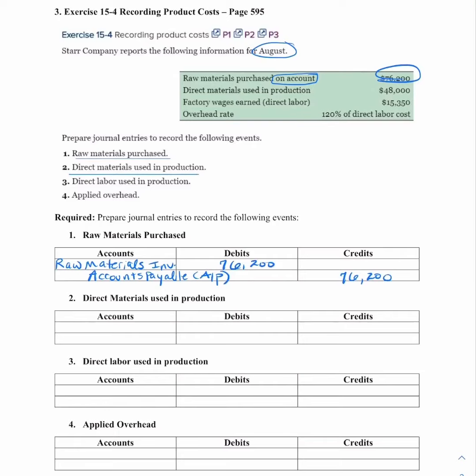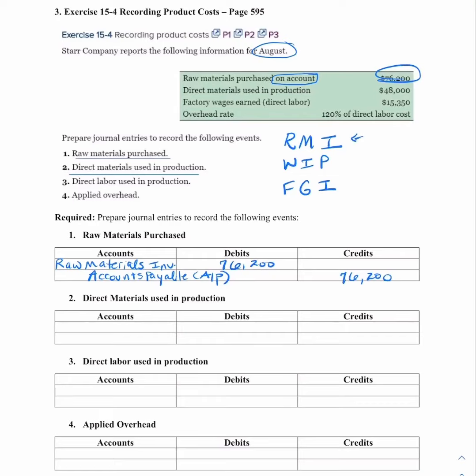So with managerial accounting, you've essentially got three main groups of inventory. You've got raw materials inventory, you have work in process inventory, and you have finished goods inventory. So the way this is going to work is when you first purchase the items to make your actual goods, it will go into raw materials inventory.